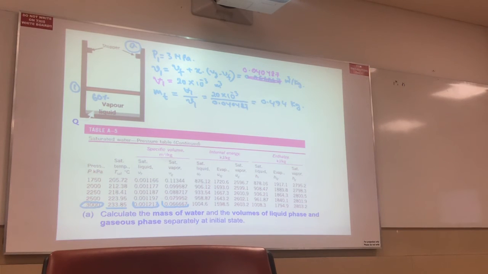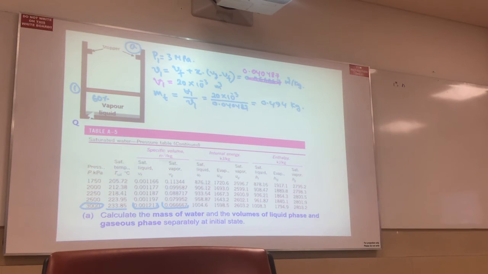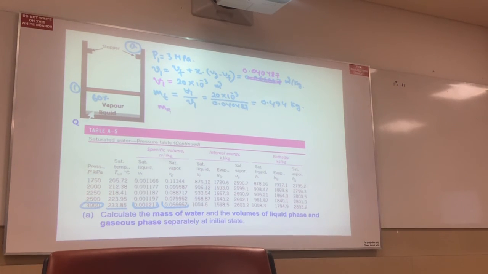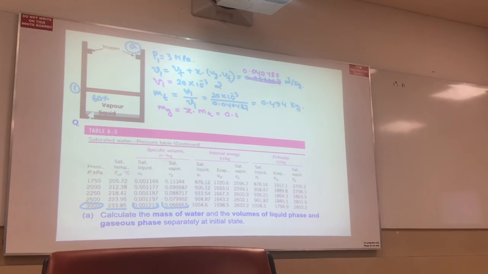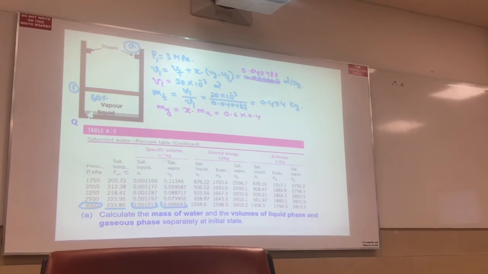Okay. So now they tell you to find the mass of liquid and mass of gas. Then how to do it? I know the quality, right? Then I can say, mass of gaseous phase is quality times total mass. The quality is 0.6, times 0.494, then I get 0.2964 kilogram.